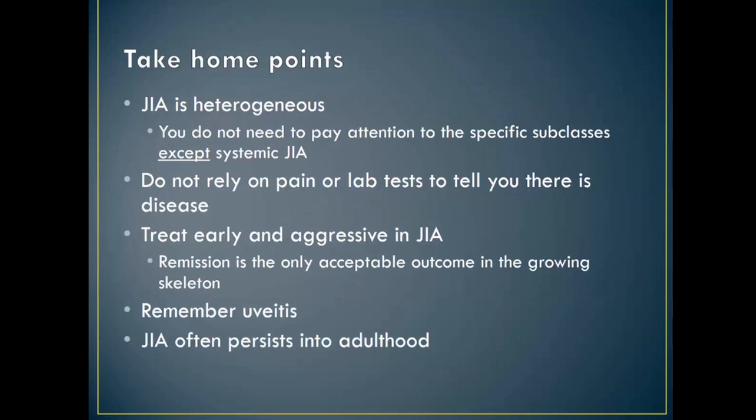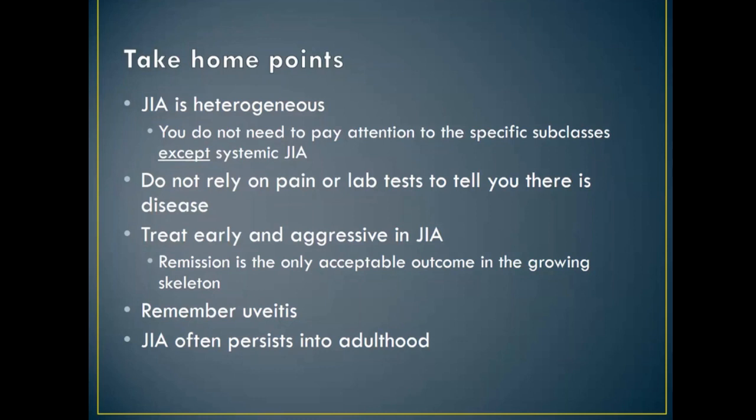And here are the take-home points for this talk. So this is like the most important slide here, and we'll have this slide come again at the end. Juvenile arthritis is heterogeneous. You don't really have to pay attention to the specific subclasses. I'll go over the subclasses because there's a difference in some of the patients, how they present, and a difference in how they will do.